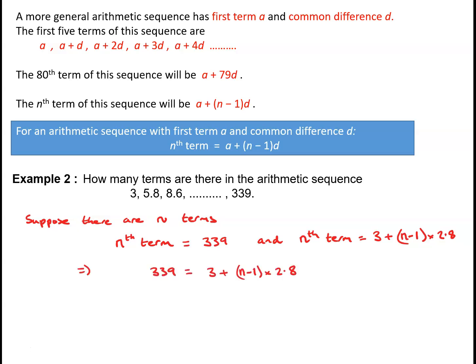So 339 must equal 3 plus (n minus 1) times 2.8. Subtracting 3 from each side, we've got 336 equals (n minus 1) times 2.8, or 120 equals n minus 1, so n must be 121.